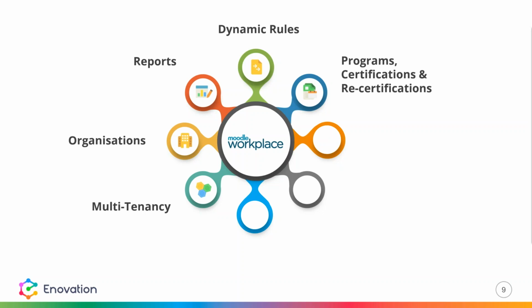So once somebody has expired, they can be automatically allocated to the recertification path, which can be the same or different to the original, and all done automatically using the dynamic rules. Now in 3.8 there's this new feature of appointments. So it's a face-to-face sign up within courses, and what's particularly good about the version in Workplace is that not only can you set up face-to-face sessions that people can sign up to, but you can also set up a series of appointments or interviews.